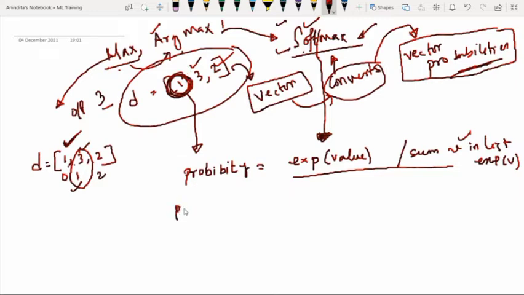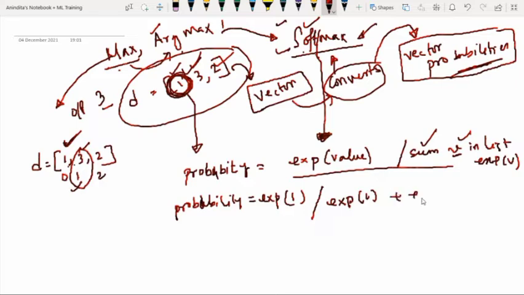We have to write probability equal to, which value do I want to pick? 1. So I will consider the exponential value of 1, divided by the sum of, that is, the exponential value of 1 plus the exponential value of 3 plus the exponential value of 2.